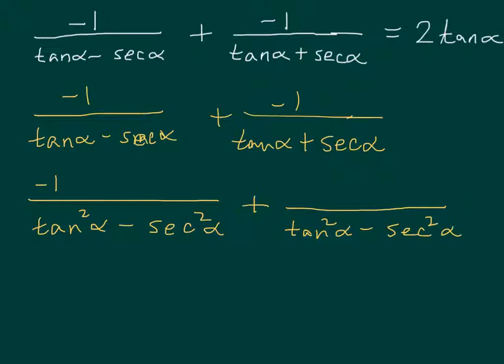So the top will be -1 times tangent alpha plus secant alpha. The second fraction, what we needed to do here is multiply by tangent alpha minus secant alpha on the top and the bottom in order to get our common denominator. So tangent alpha minus secant alpha.